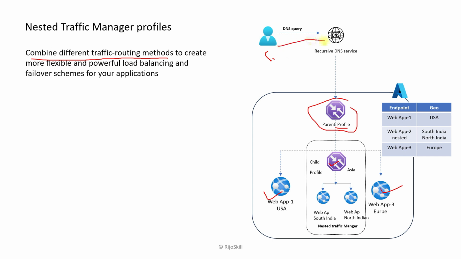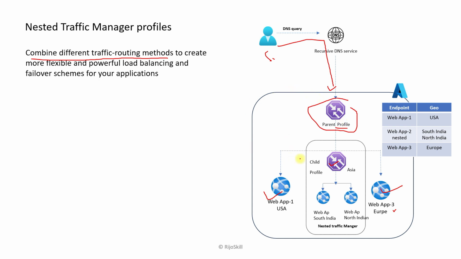When the traffic comes in, the Traffic Manager checks the profile. They have three endpoints: web US, web Asia, and web 3 for Europe. You cannot combine two routing methods in one traffic profile.